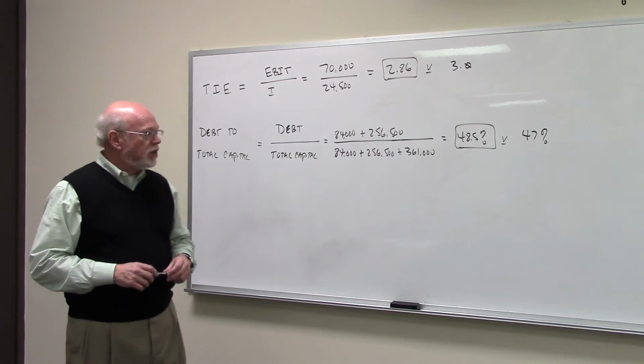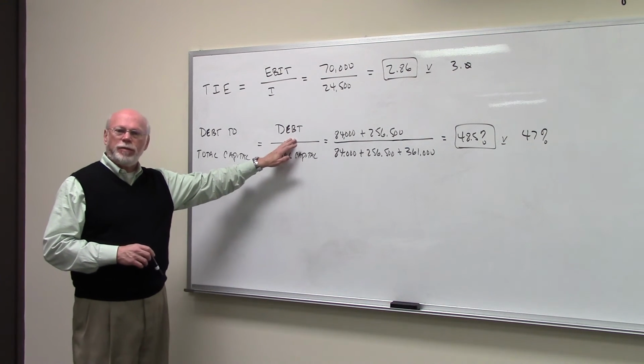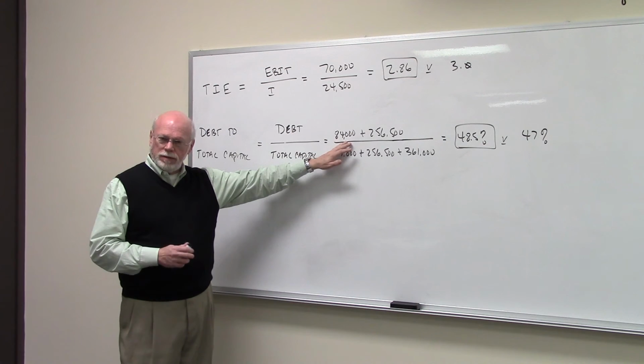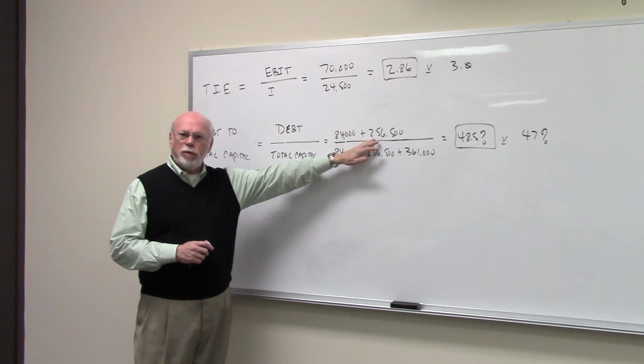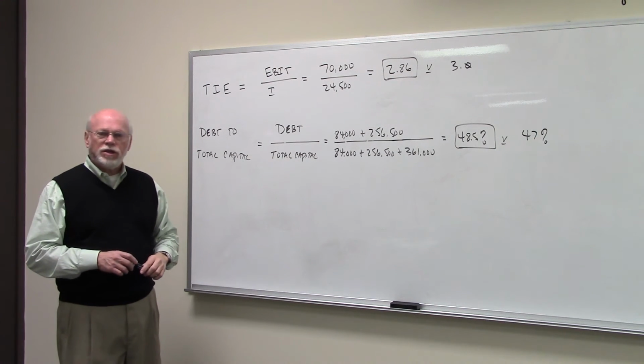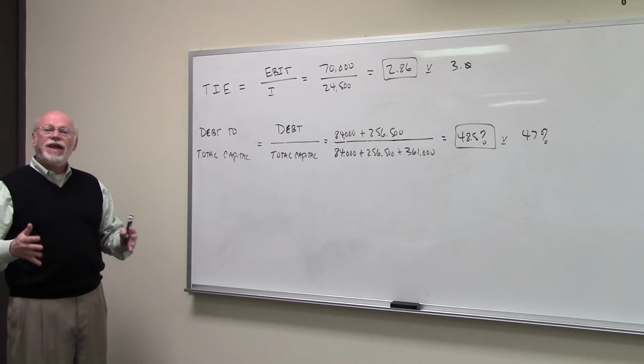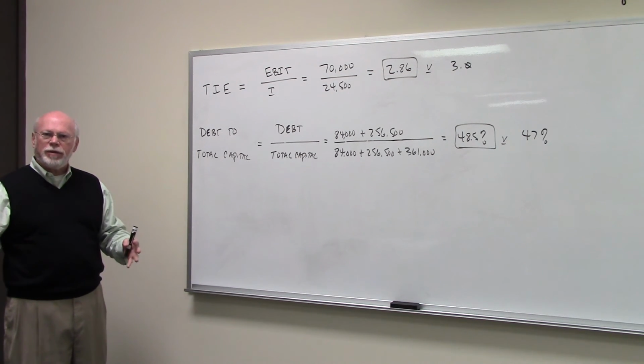The numerator of this equation is the long-term debt of the company: notes payable out of the current liability section, plus long-term debt. So $84,000 plus $256,500 is the total long-term debt of the company.